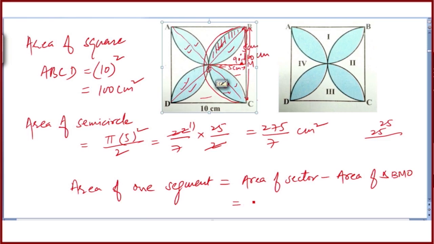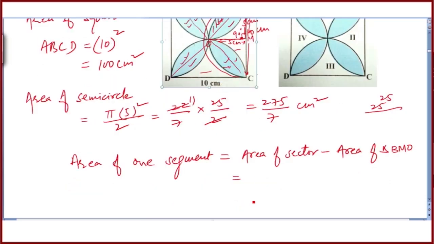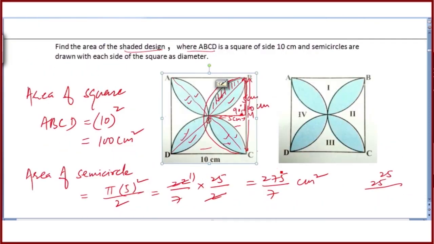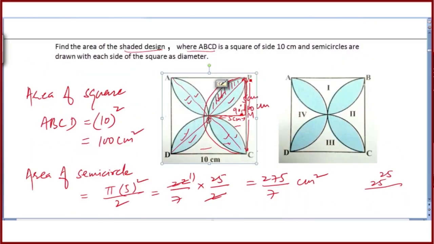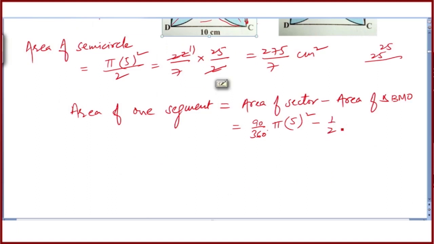So, what is area of one sector? It is equal to 90 by 360 pi r square, which is 5 square, minus area of this triangle is half into 5 into 5, right. So, this is the area of one segment.